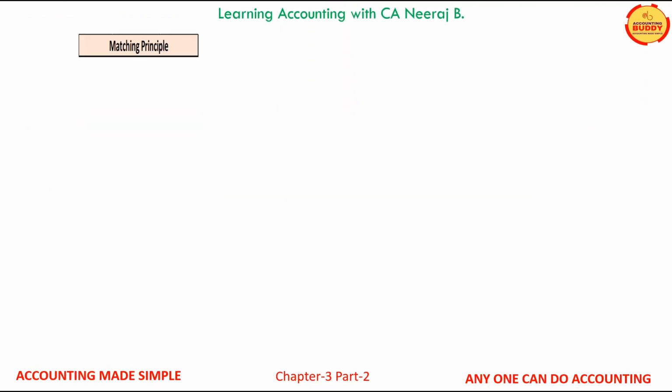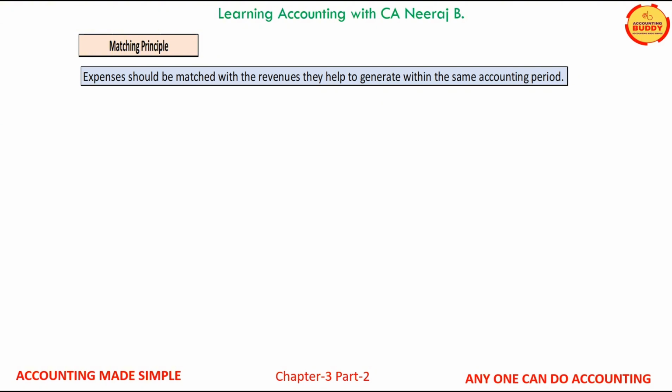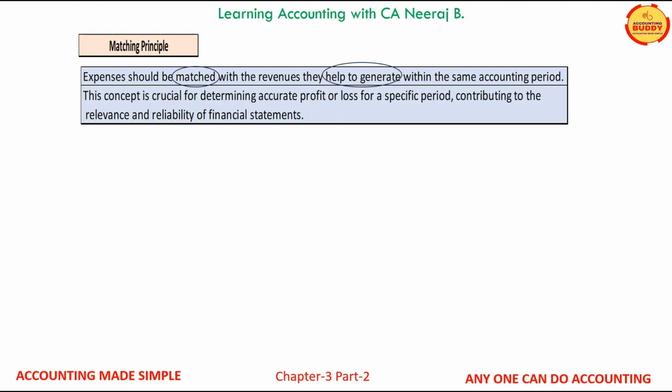As per matching principle, business expenses should match with the business revenue they help to generate within the same accounting period. This concept is important and ensures that the true and accurate profit earned or loss incurred for a business is measured and reported.